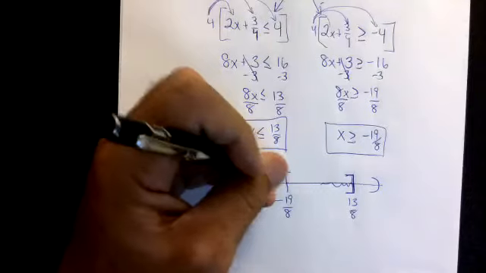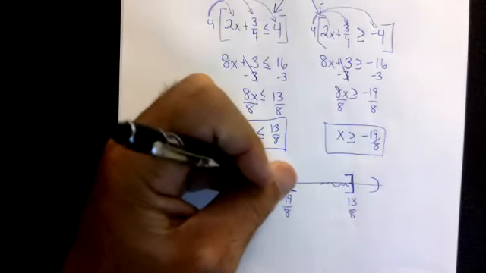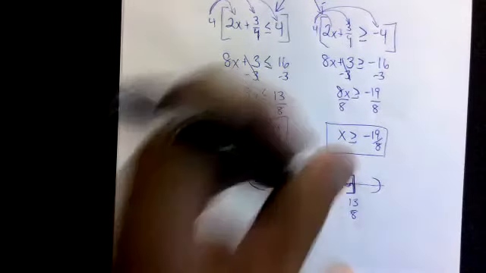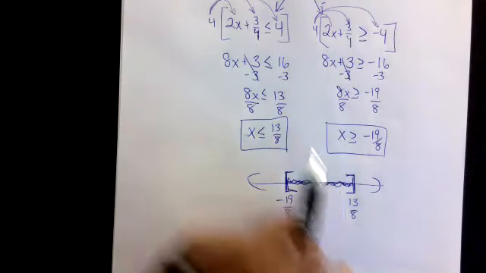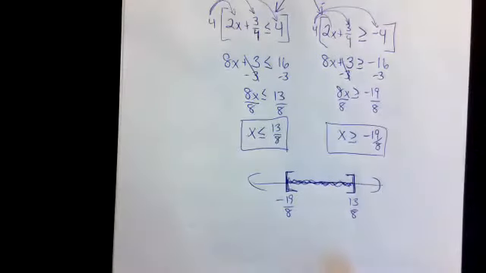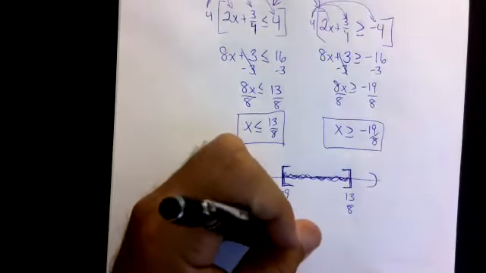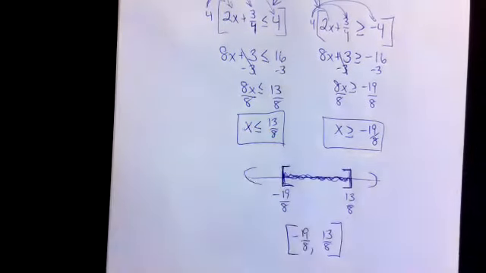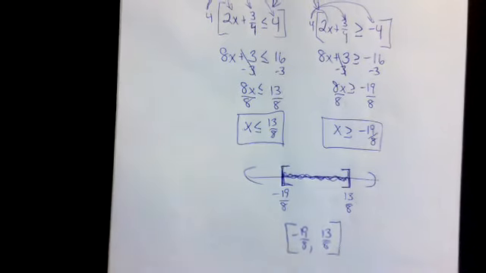Greater than or equal to, so bracket, we shade this way. So we're talking about everything in between. Any number I could pick in between here, if I plugged it in, would give me a true statement. So then interval notation says from -19/8 to 13/8, closed brackets, included.